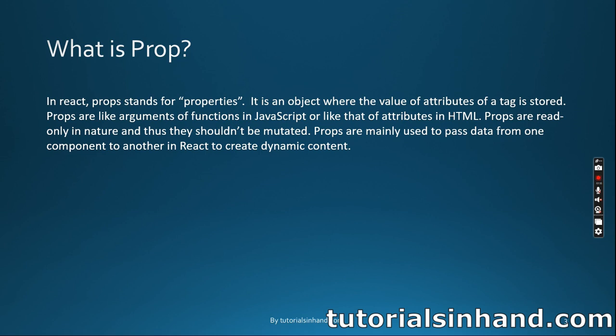Let me give you an example. Suppose in the same example of a product page in an e-commerce website like Amazon, when you apply the filters, those applied filter values get stored in the local component state. But now, for example, there is a child component within that same page which needs to show how many filters have been applied. Do we store all those filter values in that component?